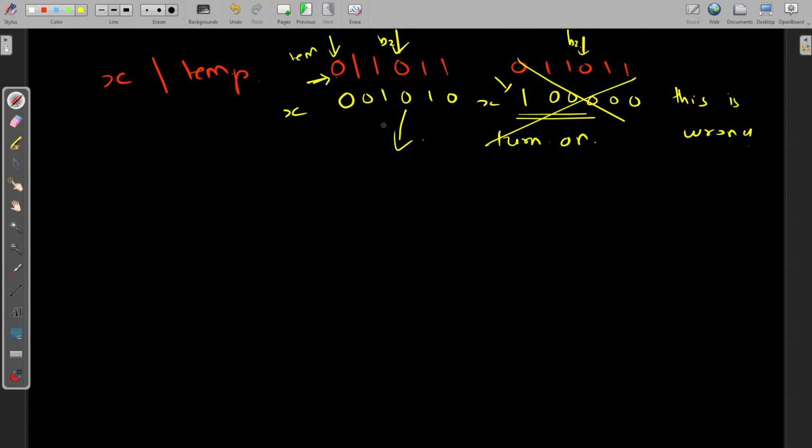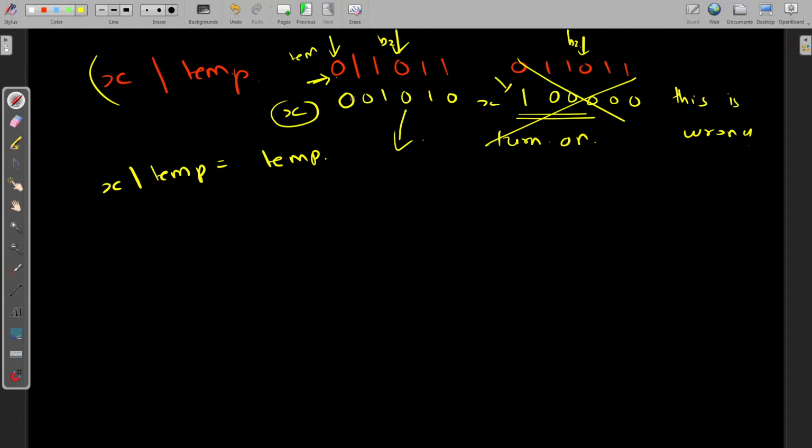So how to check this condition? You can easily check this condition by bitwise OR of X and temp should be equal to temp. If this condition satisfies, then that says, okay, the set bits in X is a subset of set bits in temp.